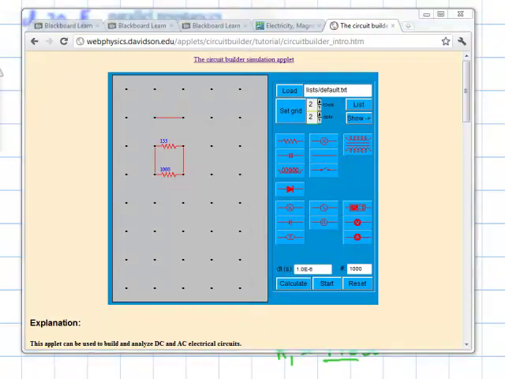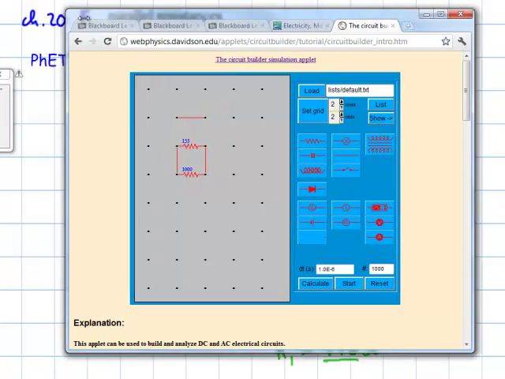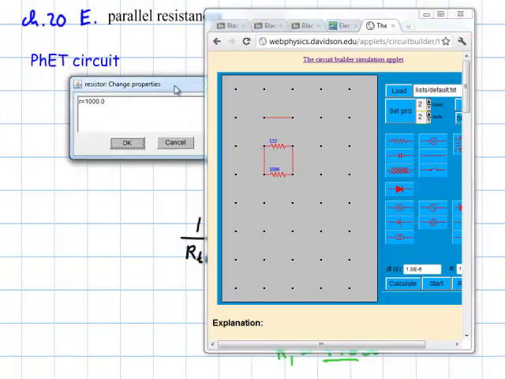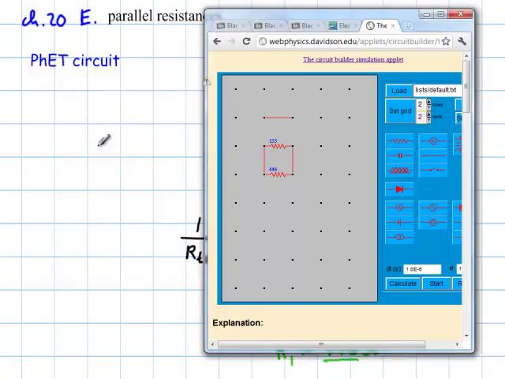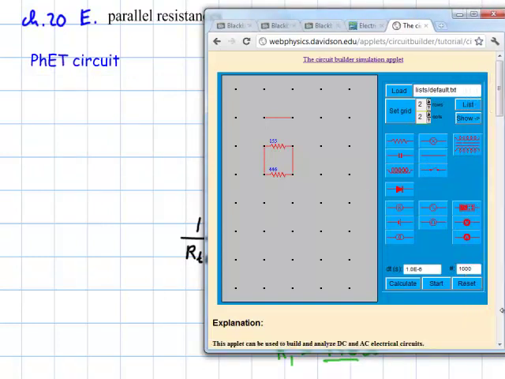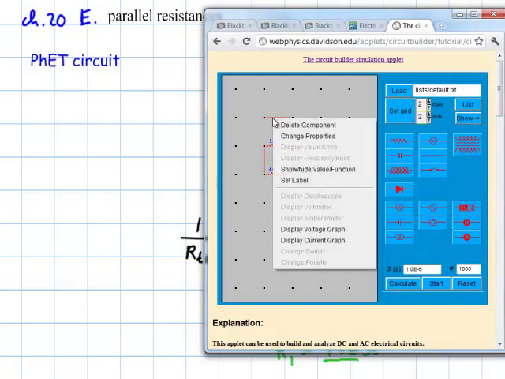I don't know why this one goes to the back now. It's a little odd. Okay, so 446 ohms. And then it doesn't allow me to simply measure the equivalent resistance. Oh, by the way, I have to take this one away.